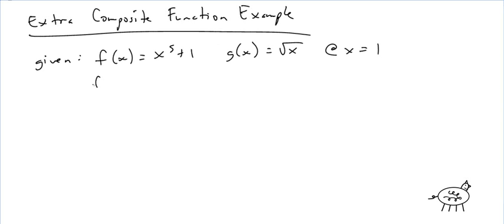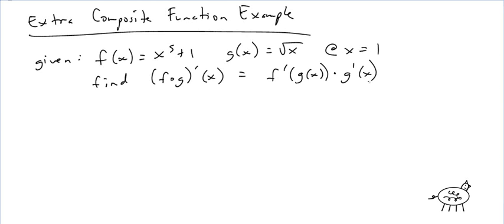So what I want you to find is the derivative of f of g of x. And if you guys remember that, that's the same thing as saying f prime of g of x times g prime of x, right? That's the chain rule. So you do the outside first, and then we do the inside.